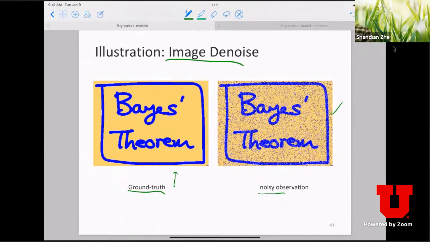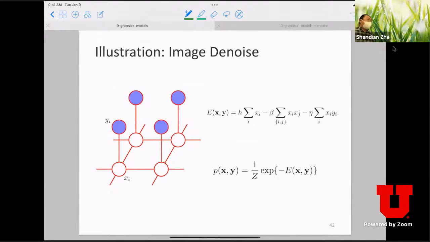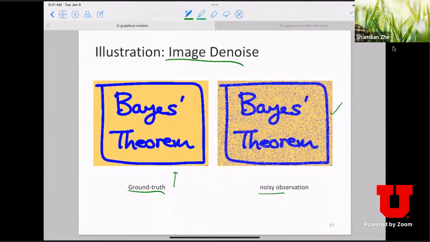We can construct an undirected graphic model. Remember, an image is just an array of pixels, so we can view each pixel as a random variable. Here, for simplicity, we can just assume this pixel is either 1 or 0, where 1 means yellow and 0 means blue.